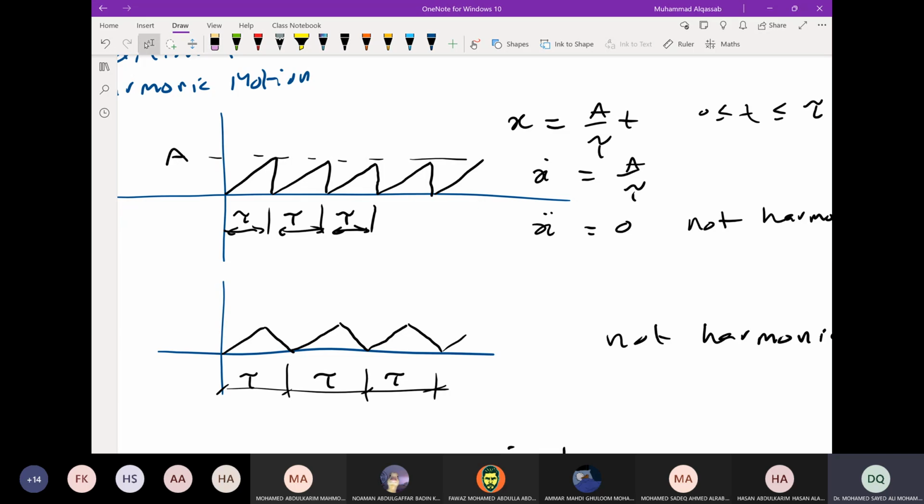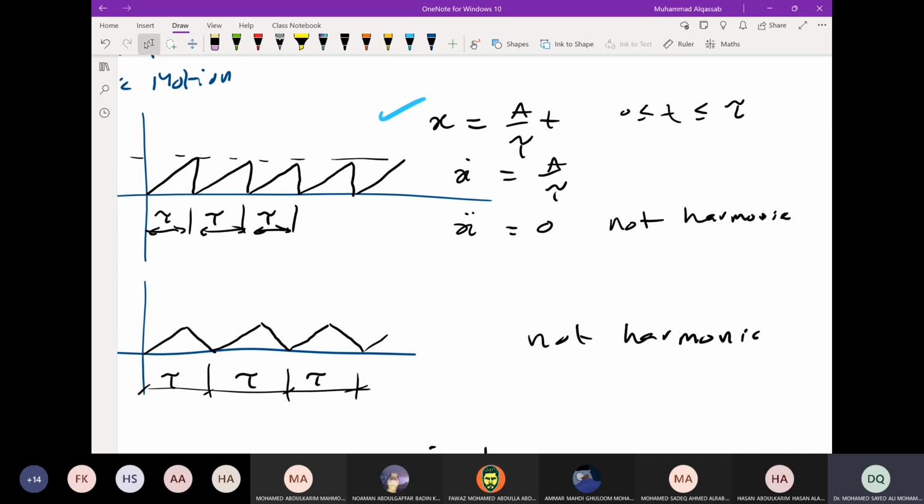Just A sine omega t is valid for all time. But as you can see for this periodic motion, it has to be defined interval by interval. So the equation I gave here is only valid for the interval from 0 to tau. If you want the equation from tau to 2 tau, you cannot use this equation. That is only valid from 0 to tau.